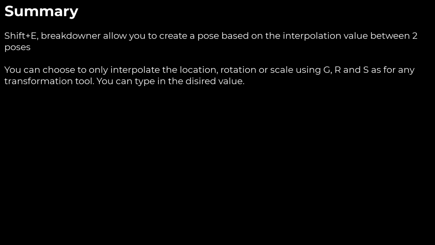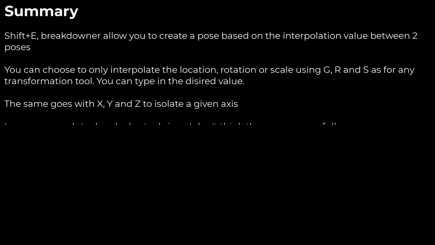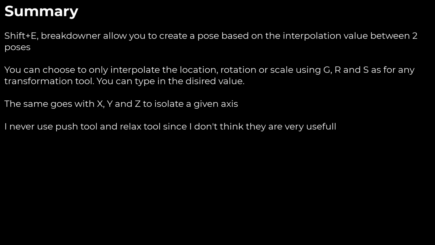We can isolate the location, rotation, or scale of the transform channels, and we can choose the axis we want to use the tool on. There is also a Push tool and a Relax tool, but I don't think they are very useful, since we can achieve the same result as the Relax tool using the Breakdowner, and I don't advise you to push your poses using a tool like that. I would do this by hand to get a more accurate result.